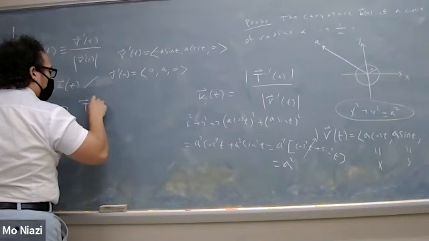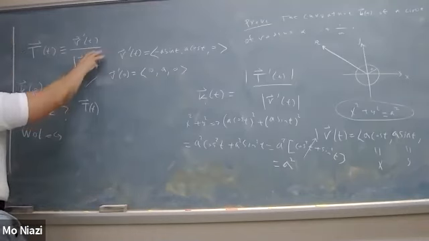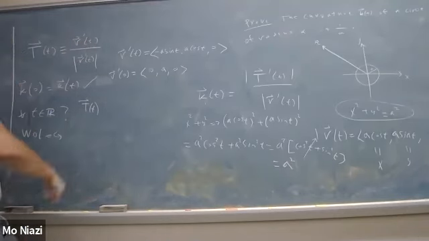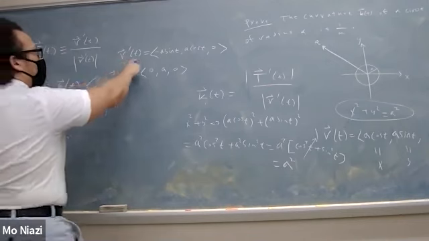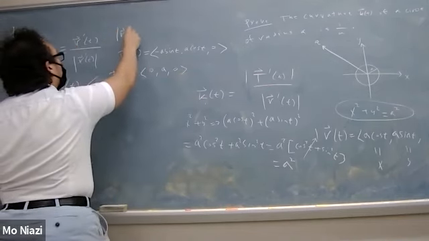T would be the normalization or unitization of r prime, divided by the magnitude of r prime. So r prime is this. What is r prime's magnitude?